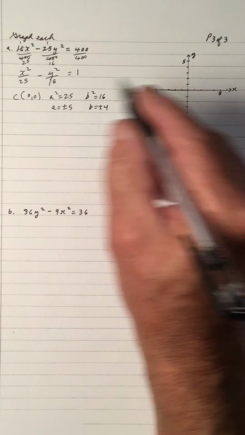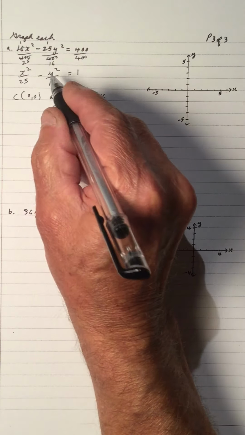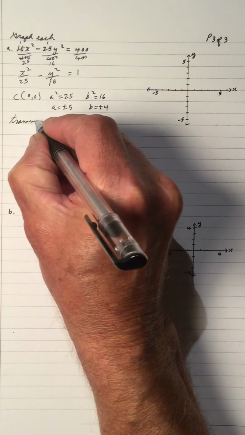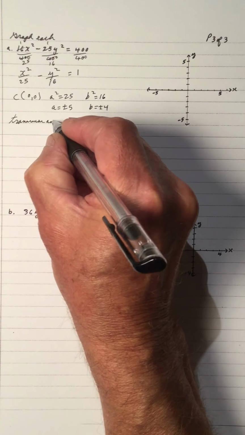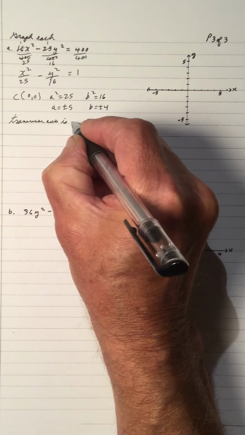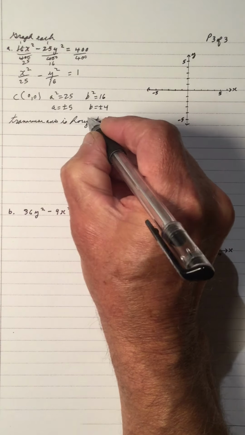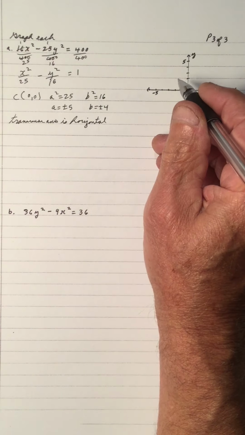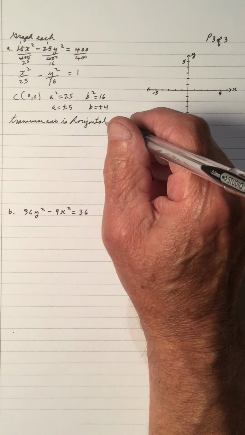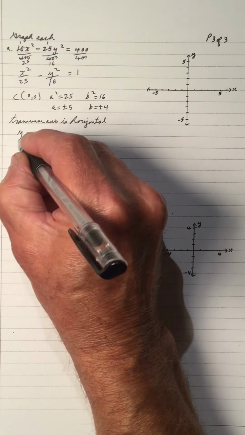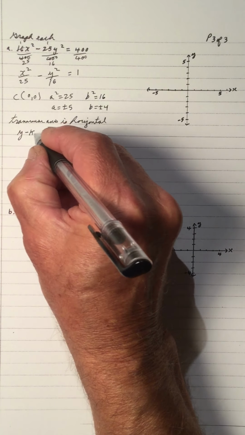And we notice that the negative is with the y, so the transverse axis is horizontal because the x is positive. The horizontal axis is the transverse axis.